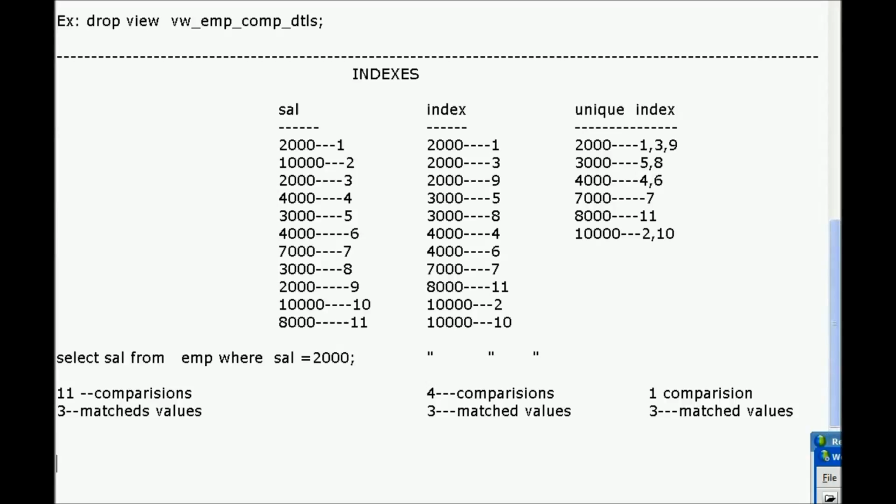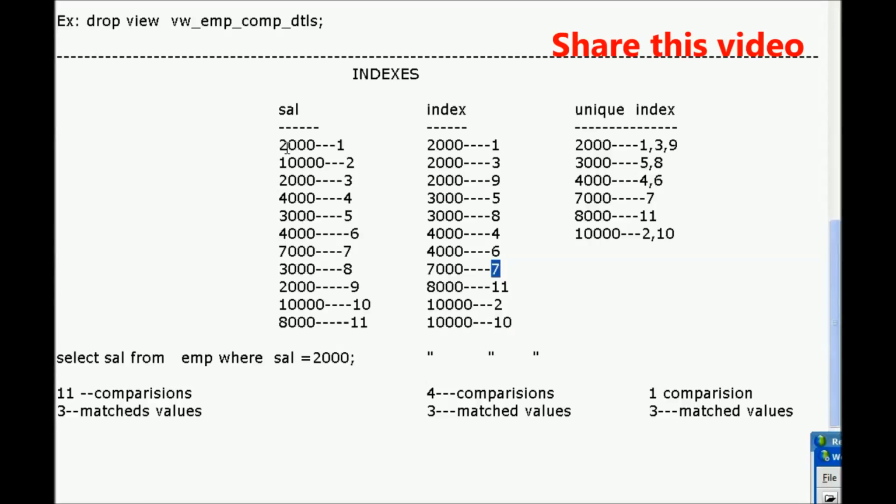Finally, what is an index? Index is a table. Remember it. It is a database object, but how it looks is like a table. A table index always contains two parts, either unique index or non-unique index. It contains two parts. This is the actual data of your table, and the address of the values. So the actual data part and the address part. The address part is known as row ID.